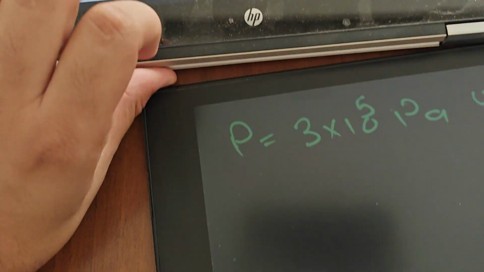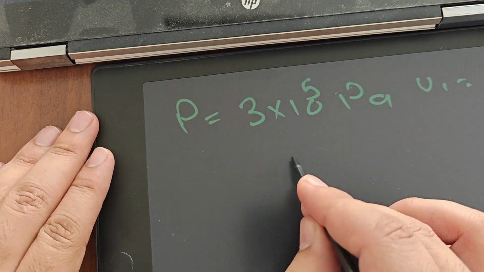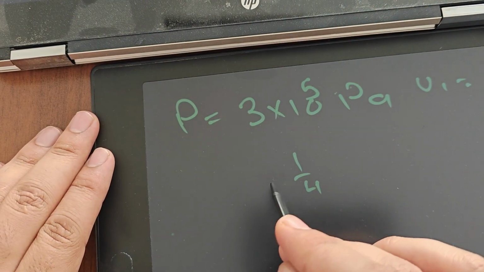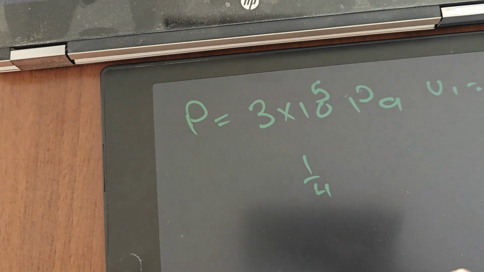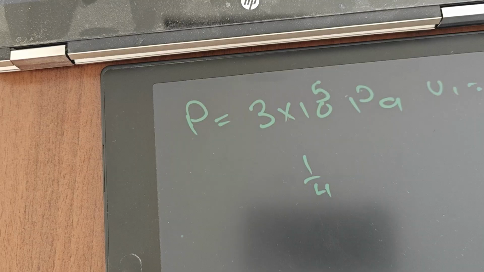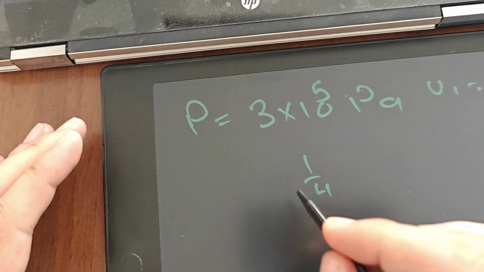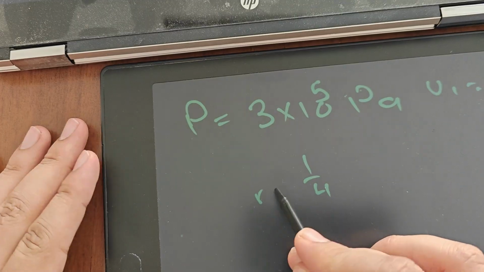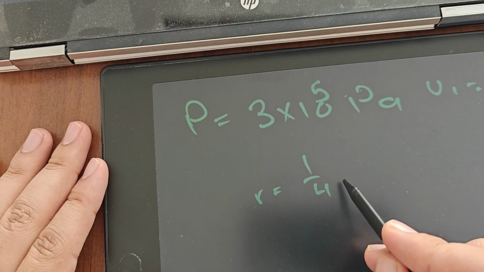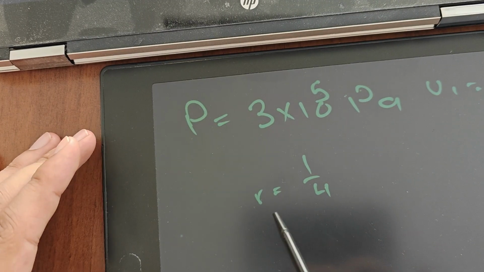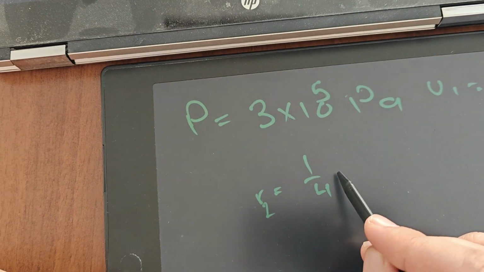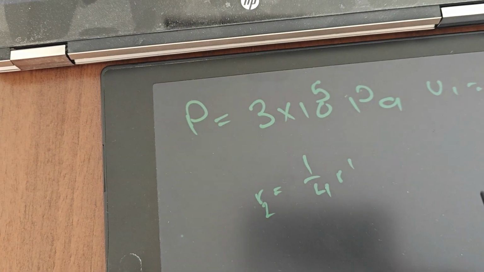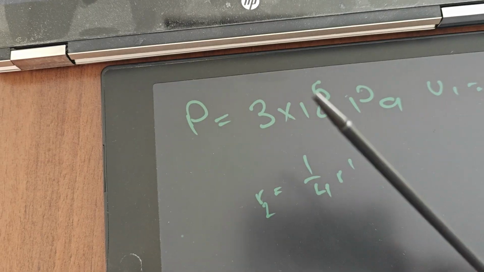So we write the radius R2 equal to 1/4 R1, because the pipe is narrow.